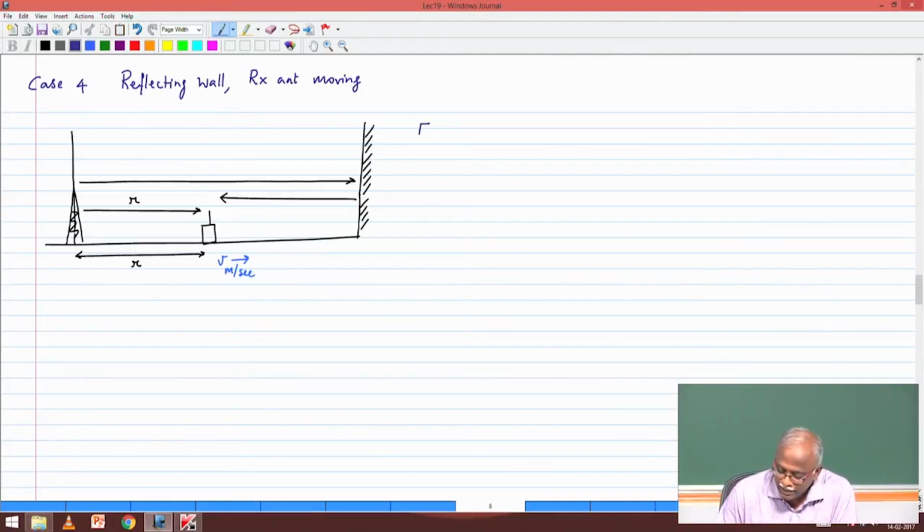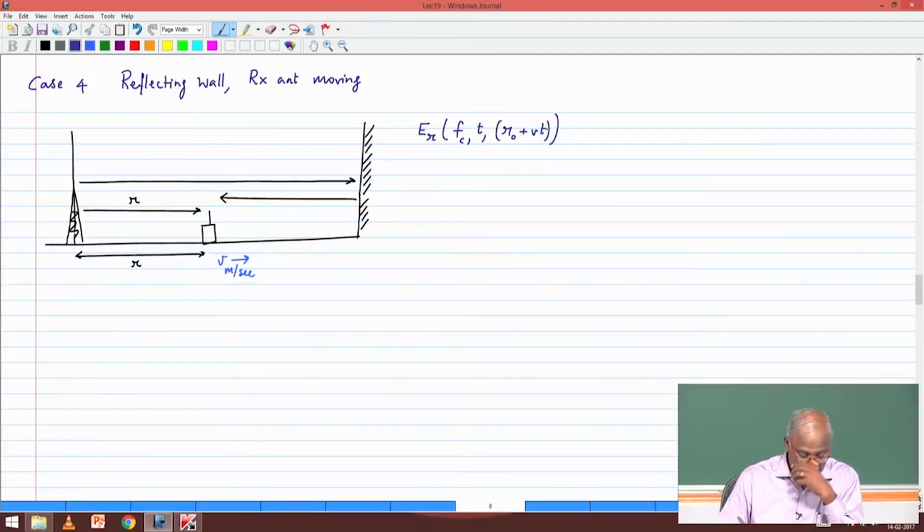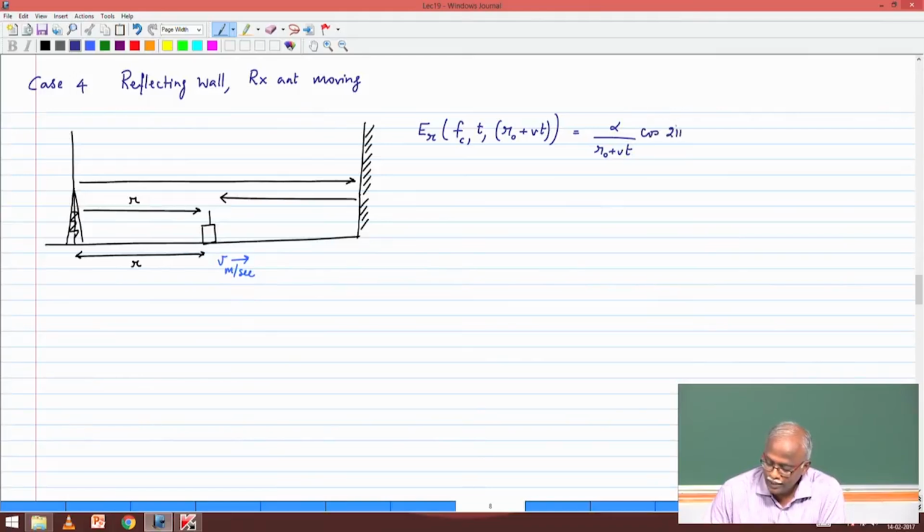So the received electric field as a function of the carrier frequency Fc and time t, at R naught plus Vt, that's your displacement now because the mobile is moving, will consist of two terms. The first one will be alpha by (R naught plus Vt), cosine 2 pi Fc.